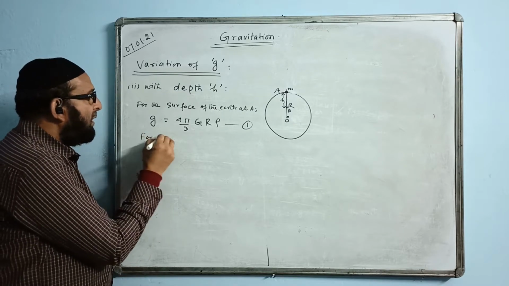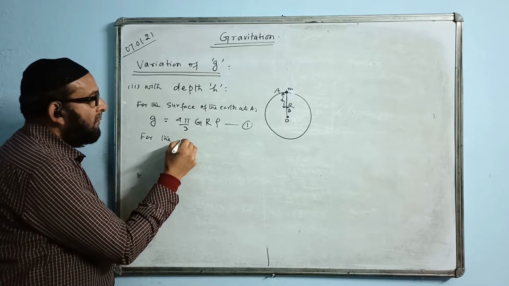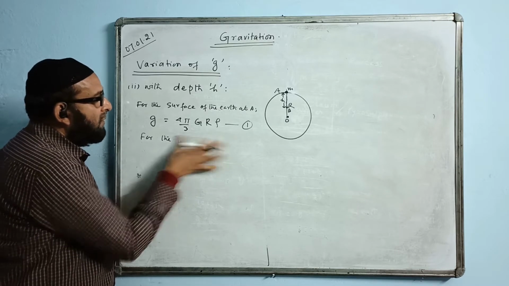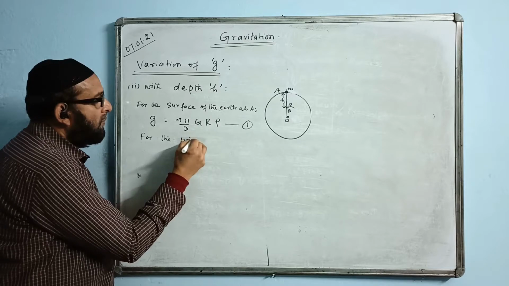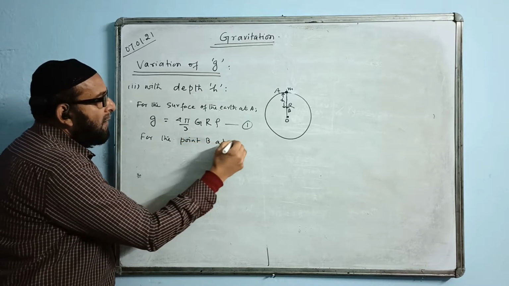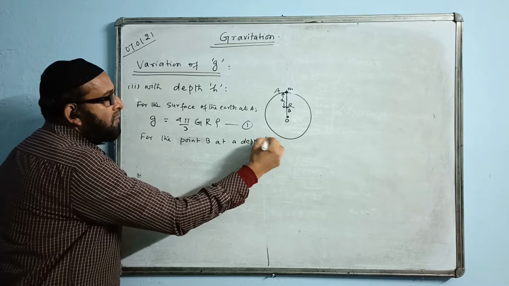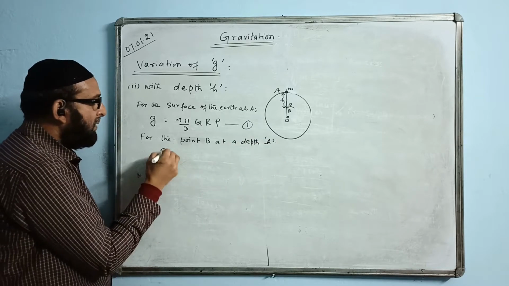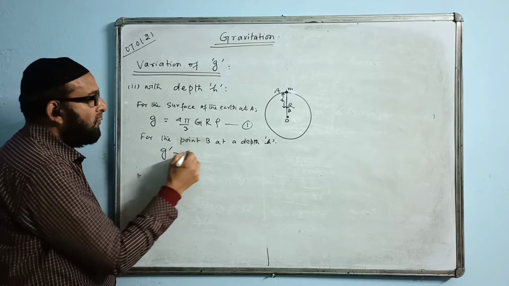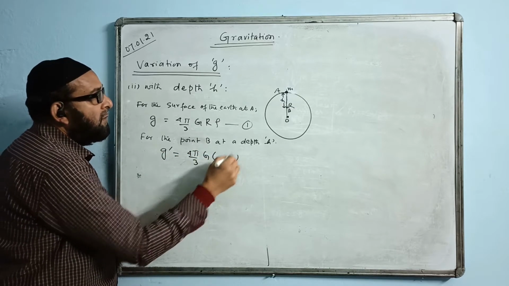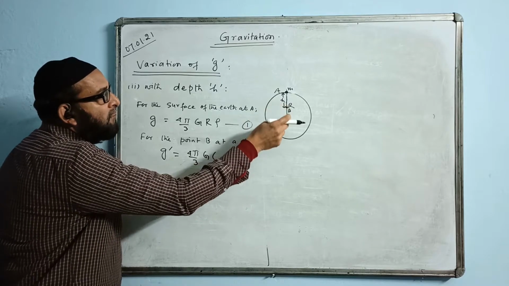Now we write the next one for the depth. For the point B at a depth h, g prime or g dash is equal to 4 pi by 3 G. What is the distance of this point from the center of the earth?